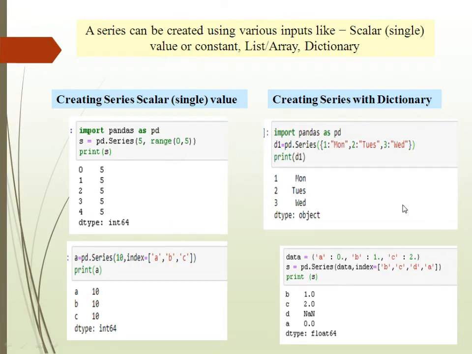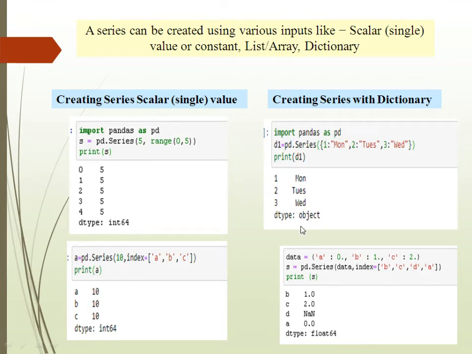And the second part is creating a series with the help of a dictionary. Import pandas as pd, pd.Series. Again, I have written the dictionary: 1 is Monday, 2 is Tuesday, 3 is Wednesday. Now this series will be inserted into D1, and print D1.